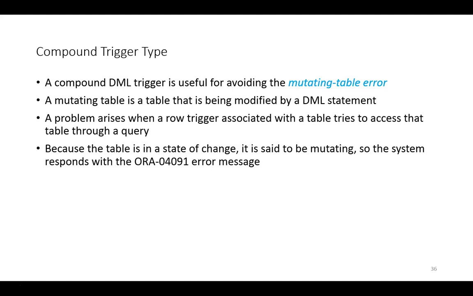A compound trigger is useful to avoid a special situation that can arise called a mutating table. A mutating table is a table that is being modified by a DML statement.